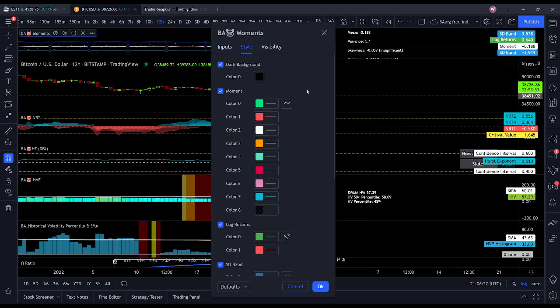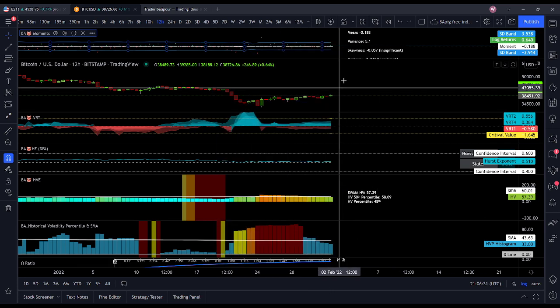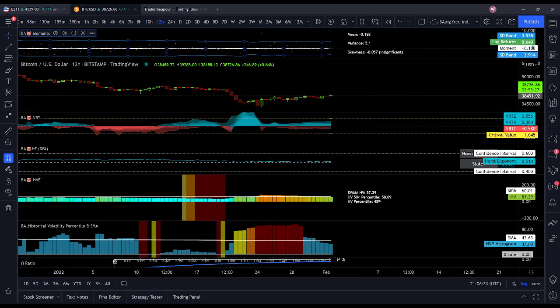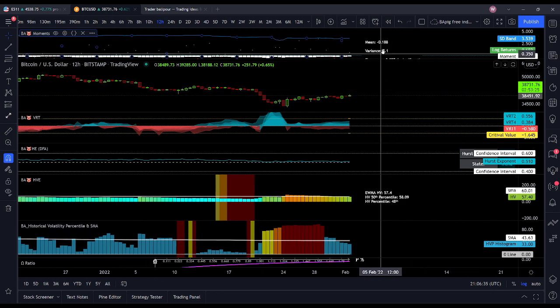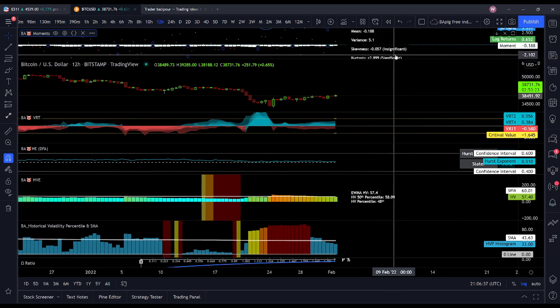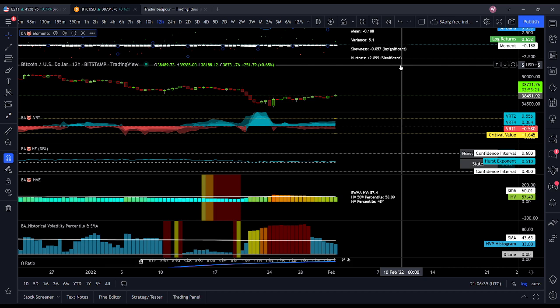Let's get this back to columns. I like that on columns. Then we can pick this up here, and we're still seeing a negative mean and significant kurtosis.